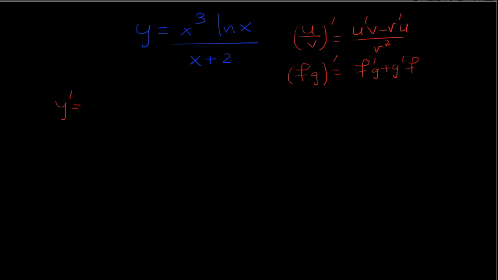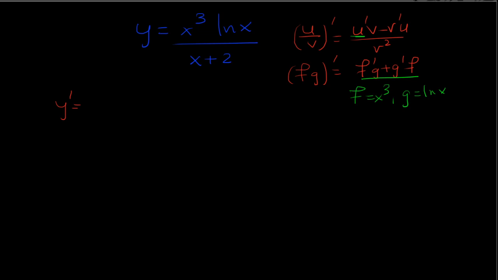So the first thing we're going to focus on is u prime, which is the derivative of x cubed ln of x. And we're going to be using the product rule. So in this case, f is going to be x cubed and g is going to be the natural log x.